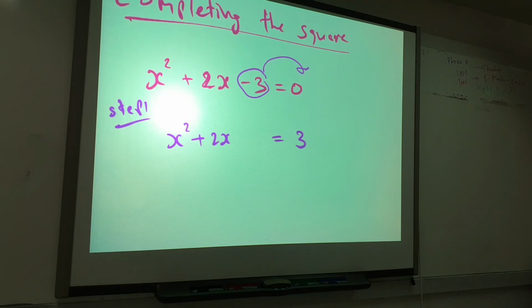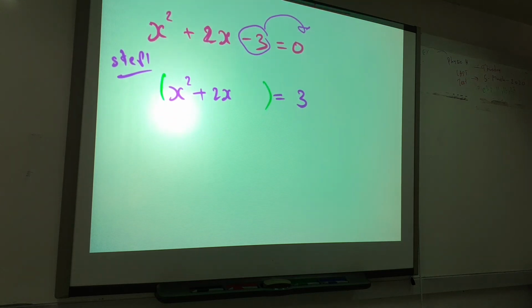Now the next step is to write a bracket like this. Look at this number, it's 2. Divide by 2 and raise to the power 2.